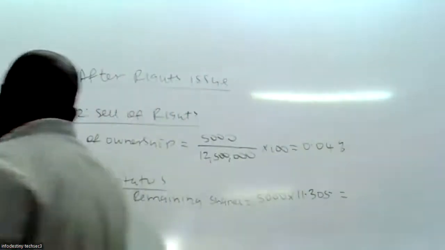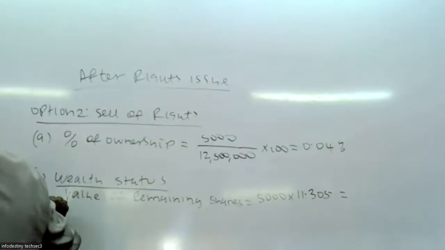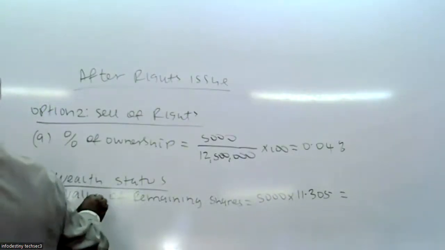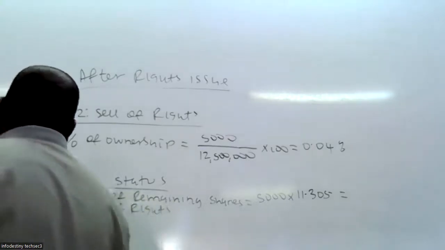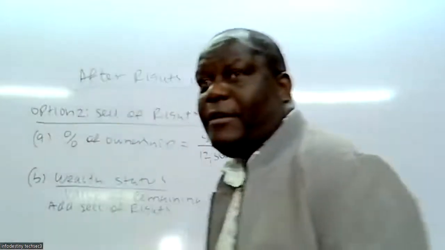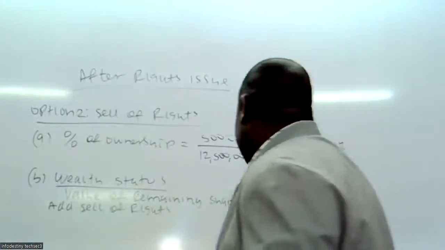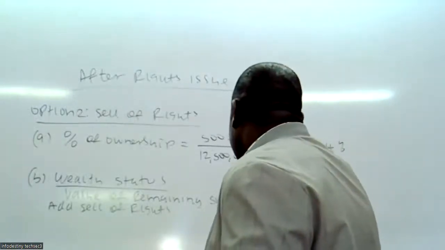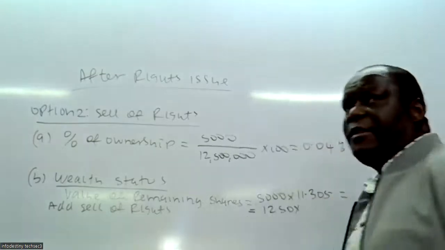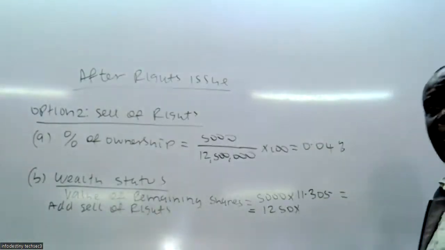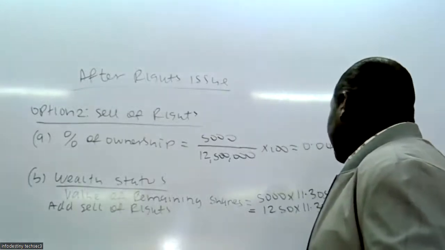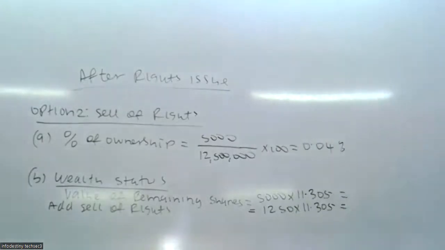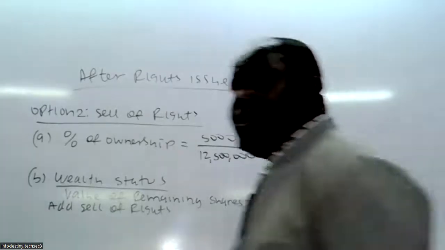Then you are supposed to add sale of the rights because it is part of your money. You sold them. Sale of the rights, which was 1,250 shares. But when he sells, he's still selling them at the theoretical ex-right price.